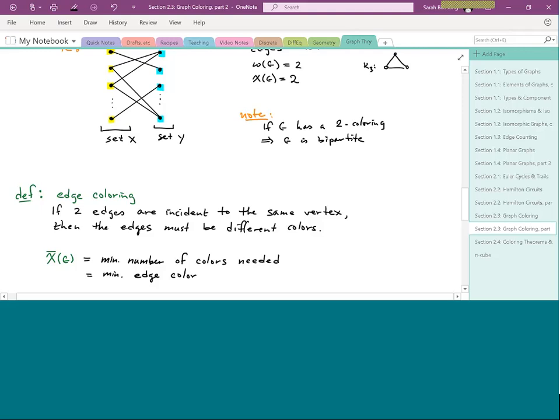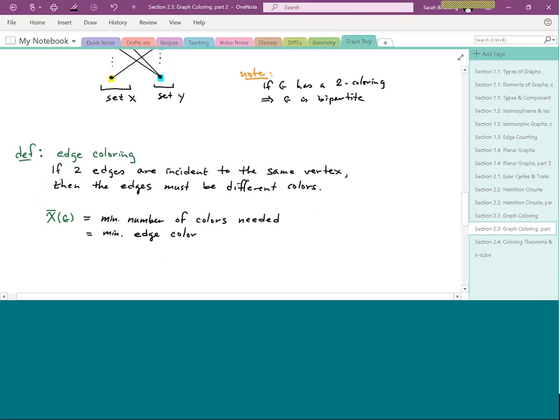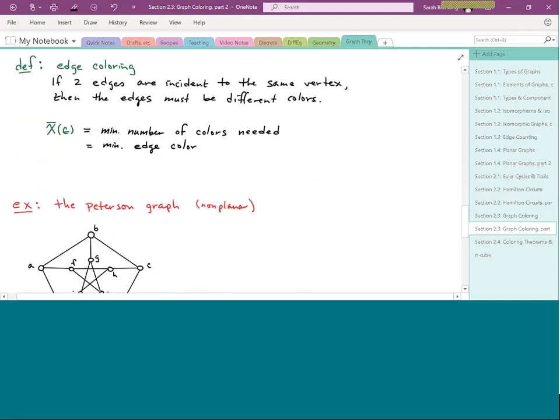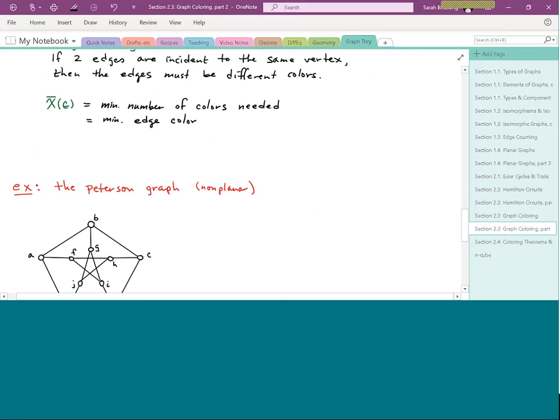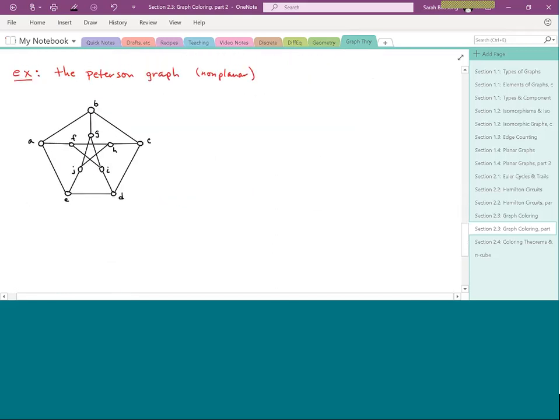All right, so edge coloring, the edge chromatic number, which is this guy right here. So let's look at an example, and the example I pulled up for us was that same Petersen graph that we had before. So I just copied the graph from above. All right, so we want to find the edge chromatic number of this graph.